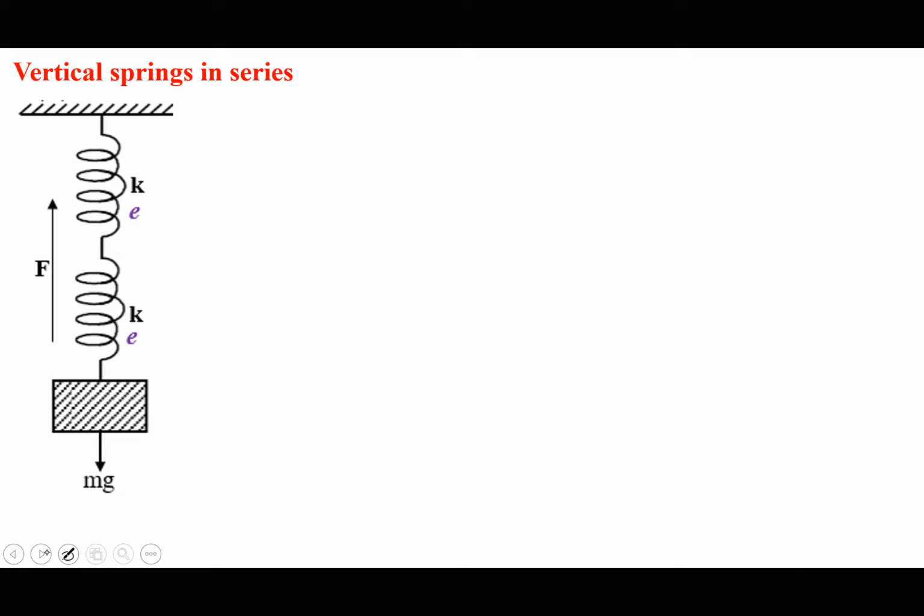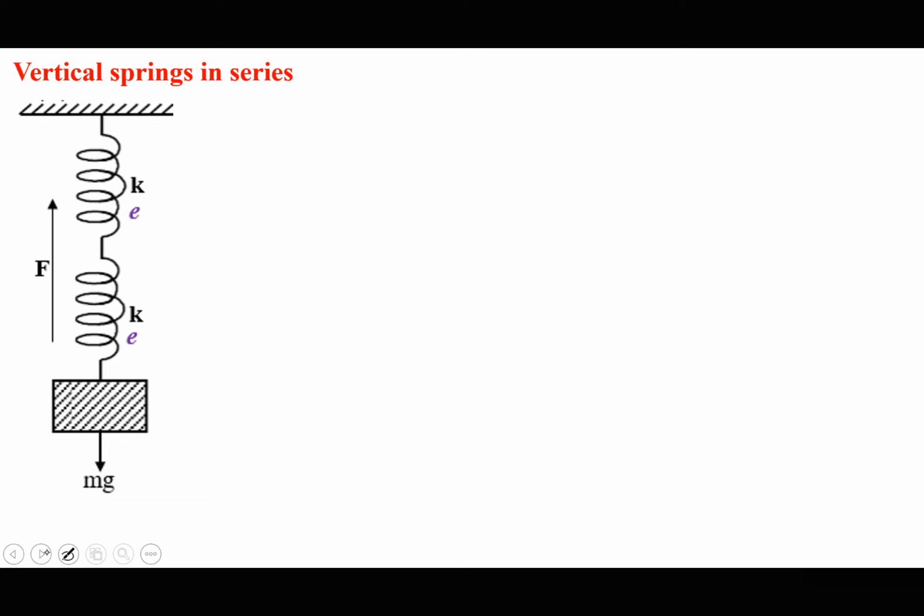Let's consider two springs combined in series, but in the vertical plane. Now, like I said in the previous example, the easiest way to think about this is to find the effective extension and the effective constant.